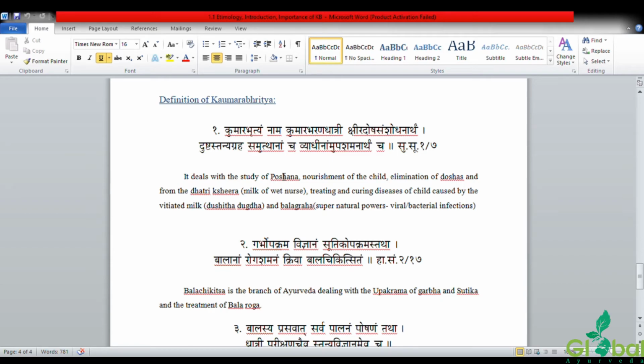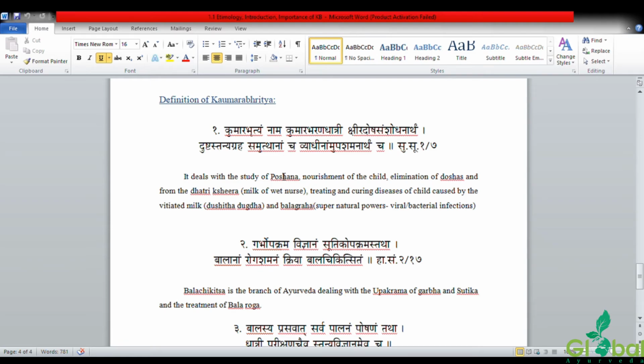So Kaumarbhritya is a subject that deals with Kumara Bharana, the poshana, nourishment of the child; the elimination of doshas from the dhatri kshira, that is kshira dosha samshodhanartham; and treating and curing diseases of the child caused by vitiated milk, dushta stanya, and balagraha, etc., and its disorders.